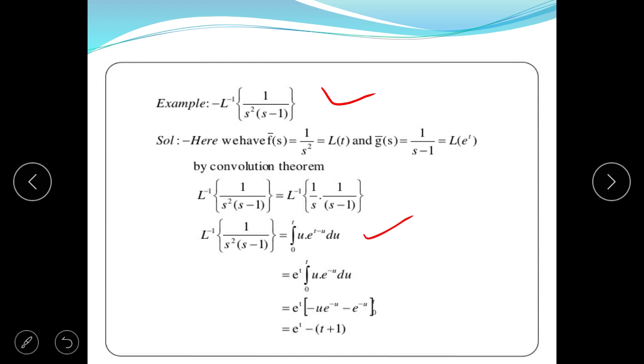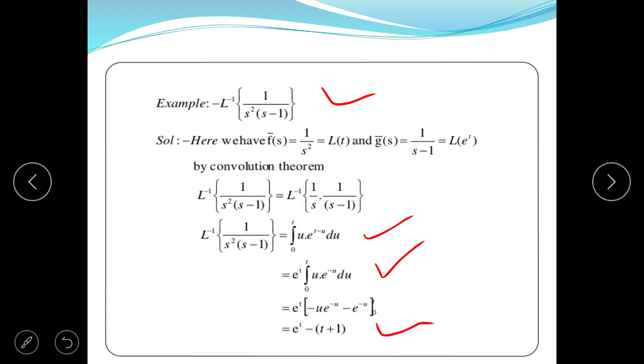that is equal to e to the power t integral of u e to the power minus u du, 0 to infinite. So e to the power t times minus u e to the power minus u minus e to the power minus u. Now we apply the limit, then we obtain e to the power t minus t minus 1. This is the solution of this question. Or we can also separate these parts individually.